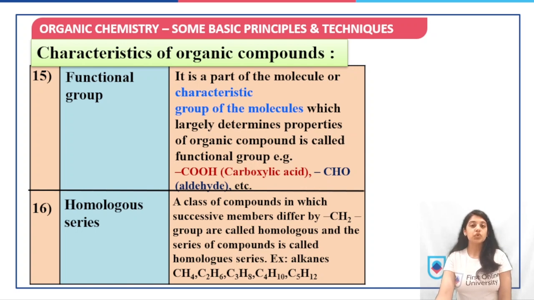For example, if we talk about the homologous series of alkanes, the first one that we have is methane. You add one CH2 to it, you get ethane. You add another CH2 to it, you get propane, and so on. This is something that has already been taught to you in your 10th standard while we were talking about the carbon and its compounds chapter.